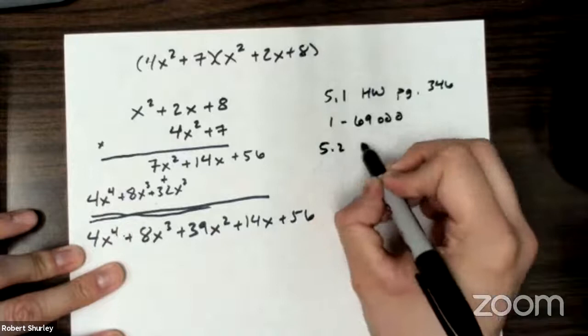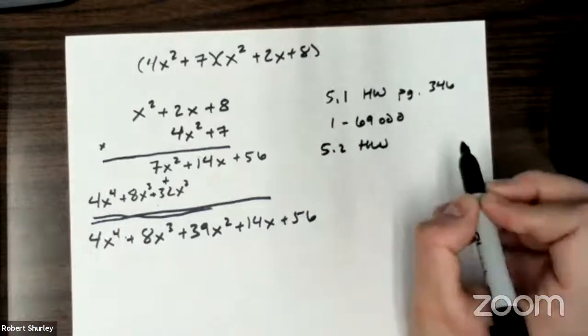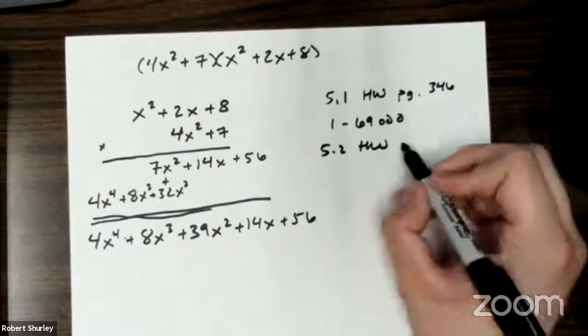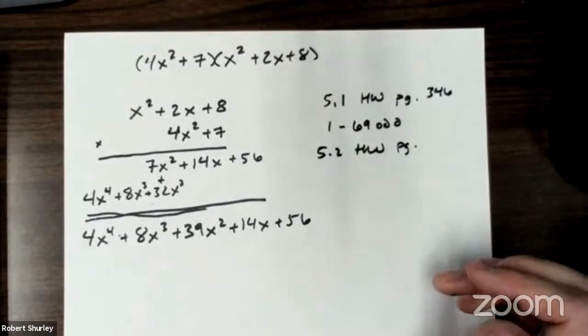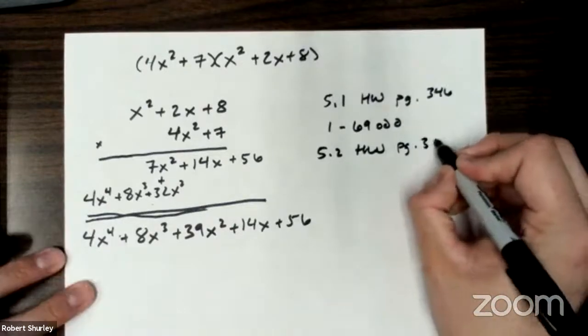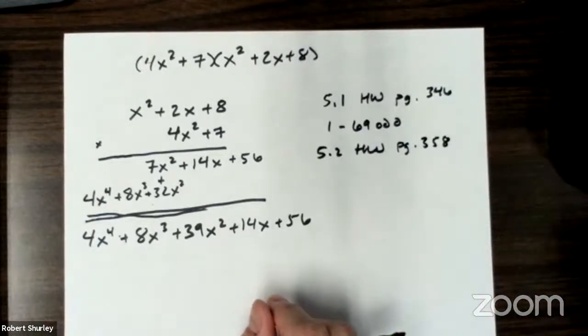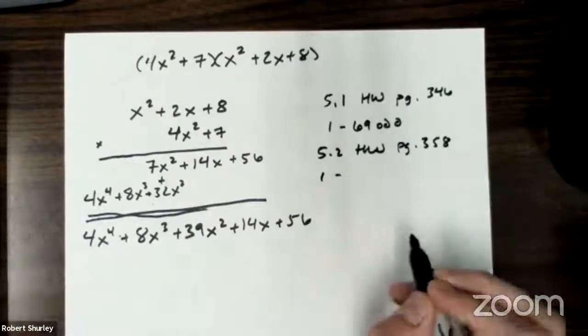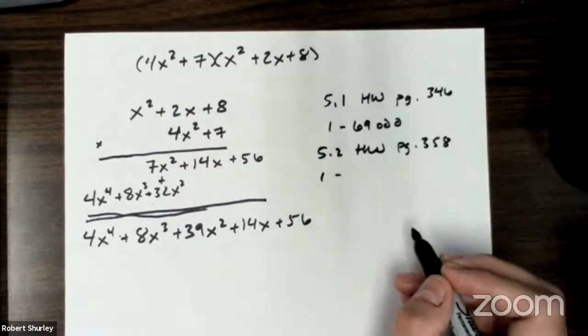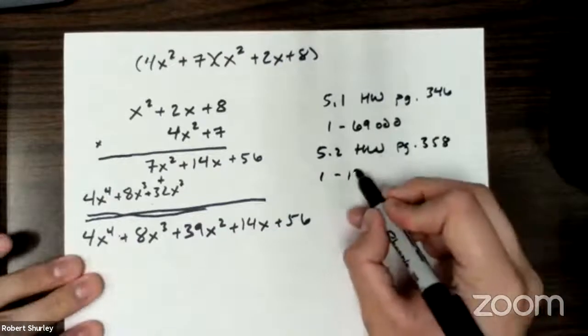And then in 5.2 for homework, starts on page 358. You can, let's do 1 through, I'm going to get real picky. No, we'll do the vertical stuff. So 1 through 13.